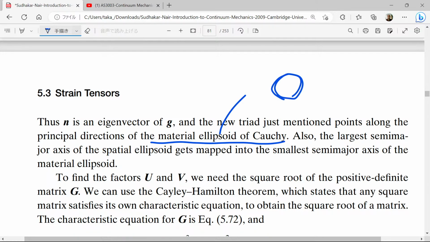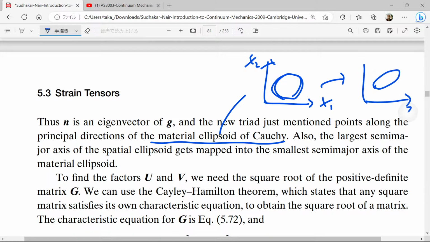So this is a sphere in material coordinate. If you go to spatial coordinate, this goes to an ellipsoid, right? So then this principal axis, that's n.